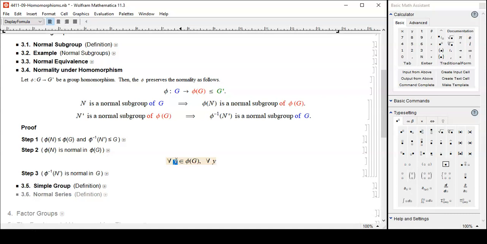Let's call this one something else, h. We want h inverse in this image. That's the question, isn't it?